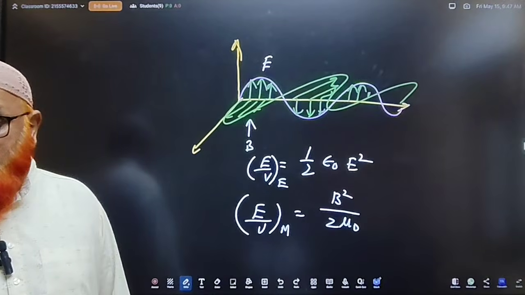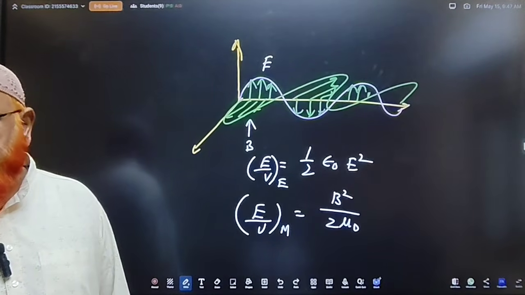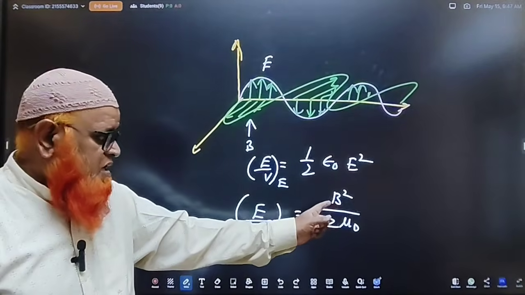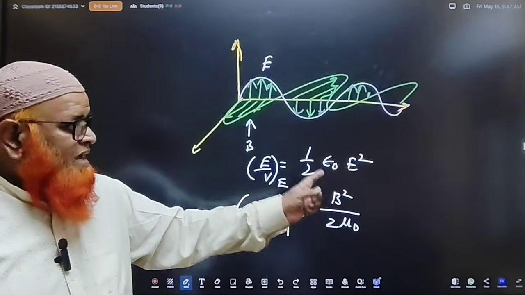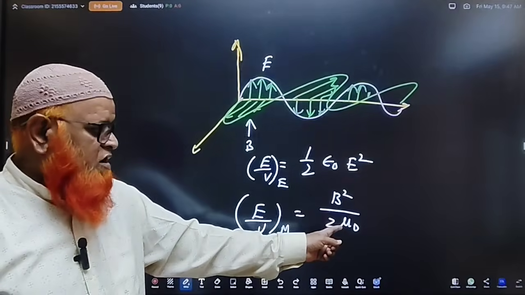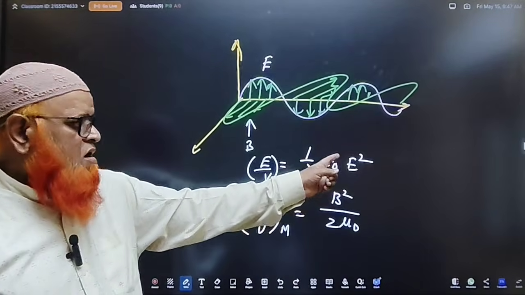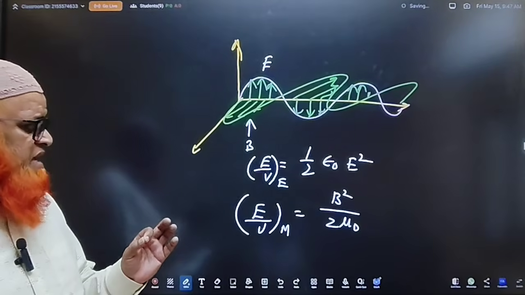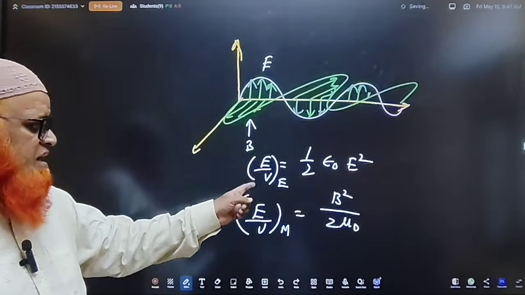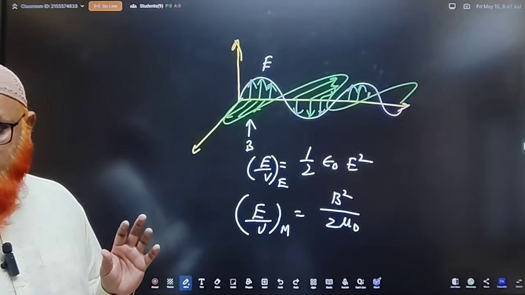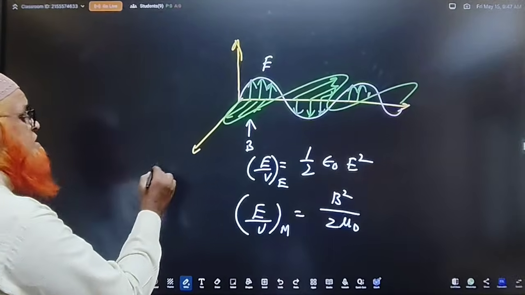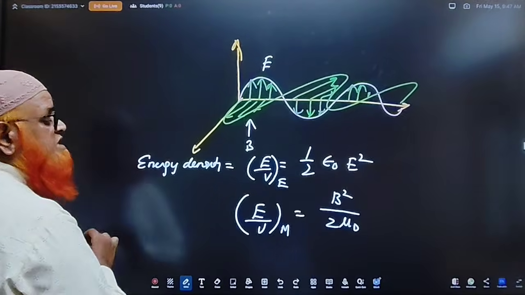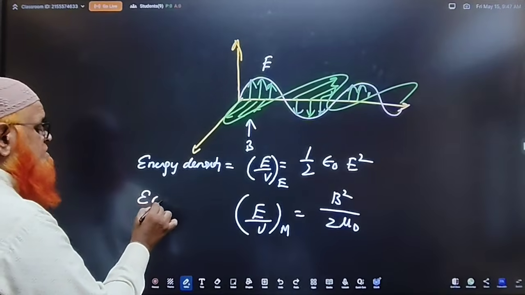If you have a thorough idea about the electromagnetic waves chapter, then you can understand that it's very difficult to find out the dimensional formula for B. It is very difficult to find out the dimensional formula for mu naught, epsilon naught, E square. It's very tough. But it is very easy to find out the dimensional formula for energy per unit volume. Energy per unit volume is called energy density, and this is also the same.